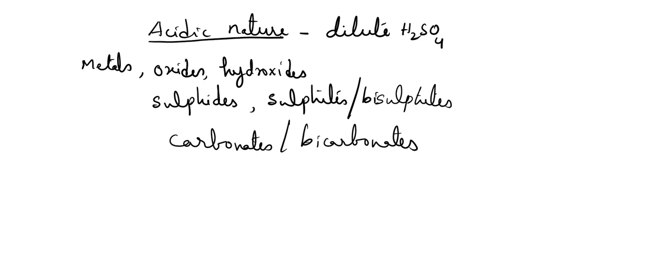So when we add dilute sulfuric acid to all these substances, it should form a salt. Formation of salt proves that dilute acid has acidic properties. So in detail we see the equations with each substance, how a salt is formed and what gas is produced.